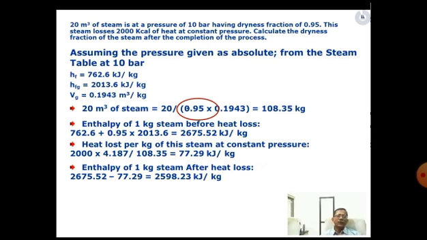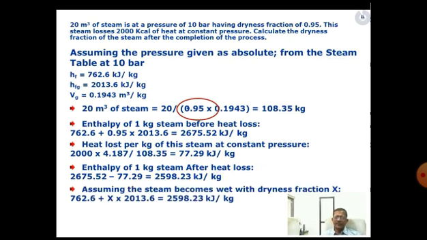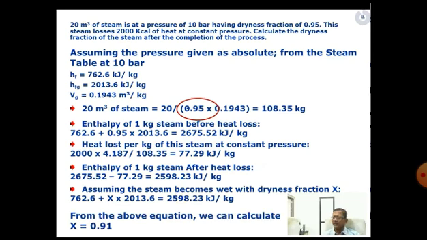So now we set the equation of wet steam again, HF plus XHFG. In this case X is unknown. Since the pressure has not changed, the HF and HFG remain same. So from this equation, equating the new enthalpy, we can calculate the dryness fraction as 0.91. This is a very typical problem and it's not very difficult to follow.